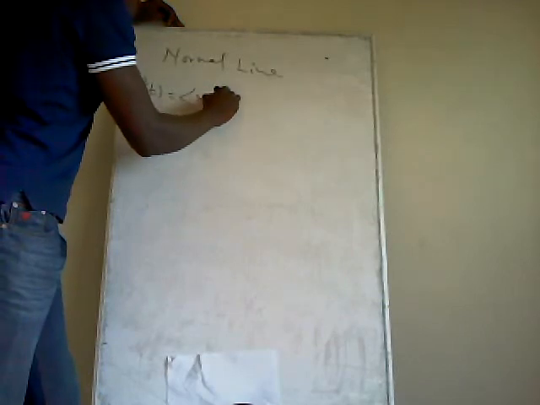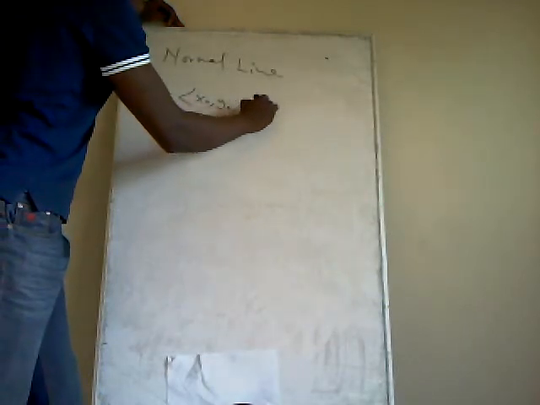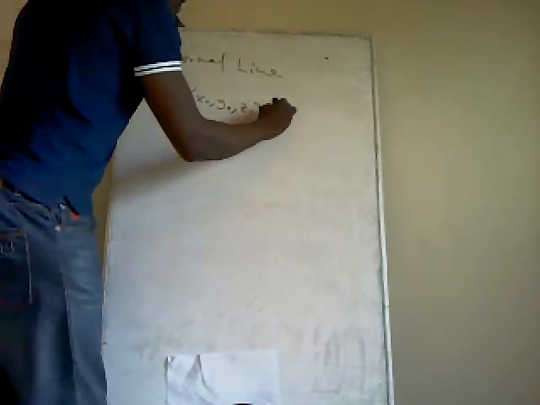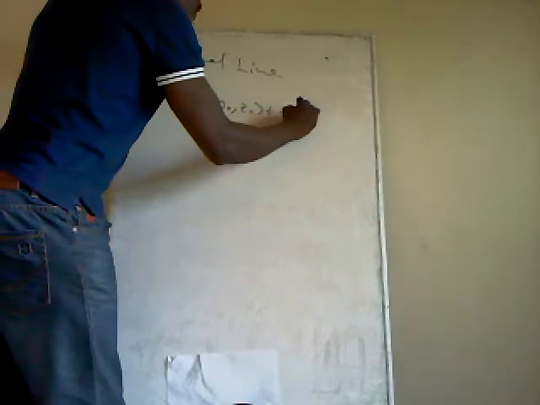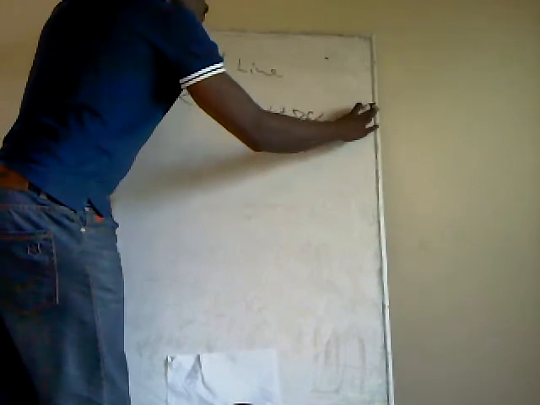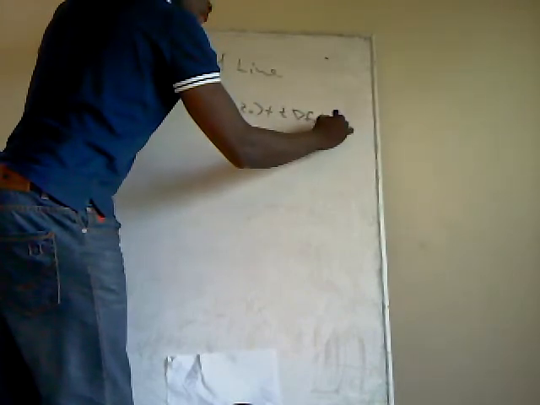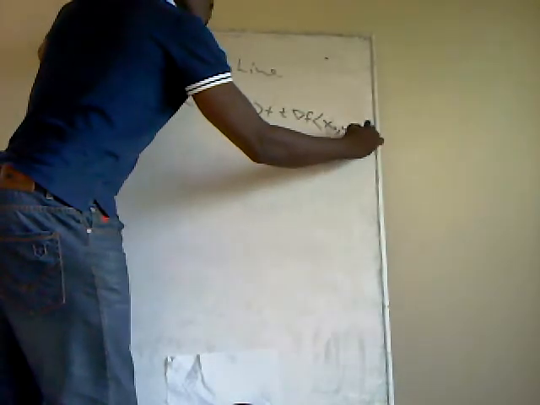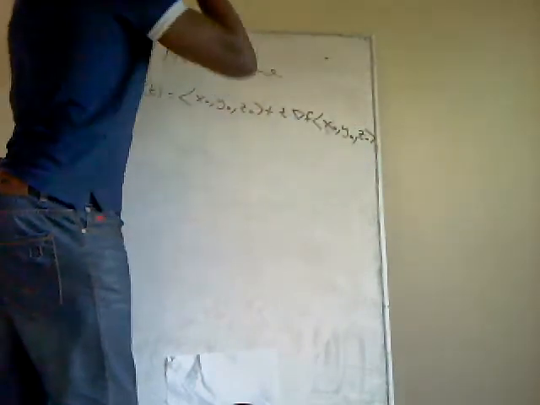R of t is equal to x naught, y naught, z naught plus t multiplying grad f at x naught, y naught, z naught. That's all.